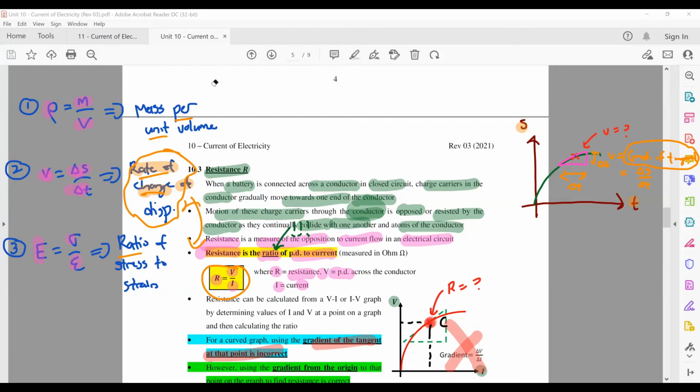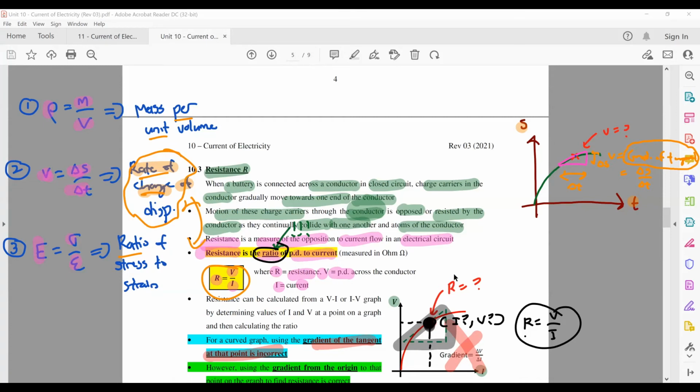You need to find out specifically the value of I and the value of V, and then find the ratio between those two values. That is what this is trying to tell you. At this point, you need to specifically know the values. You cannot just find the gradient of the tangent like this. This is wrong.